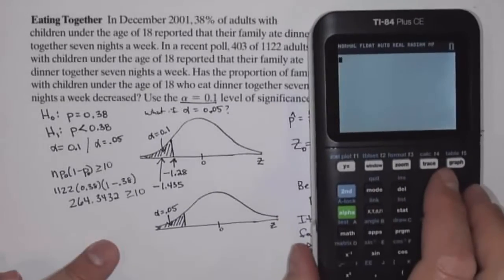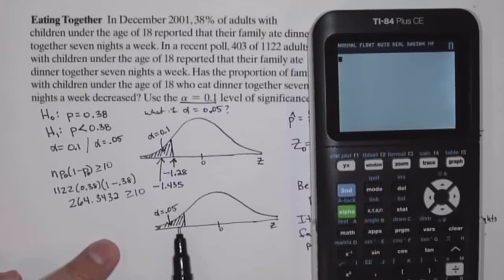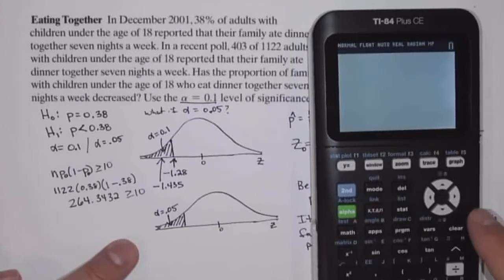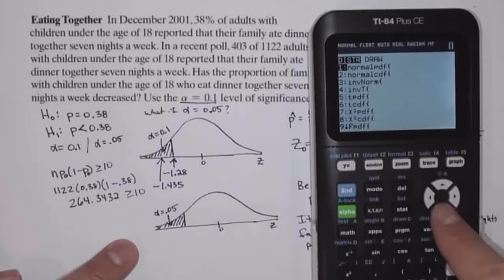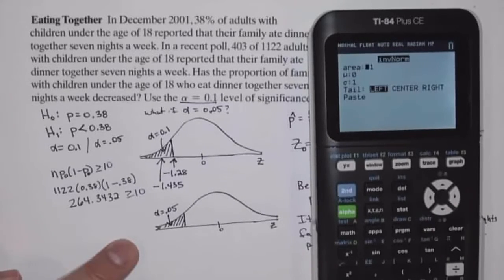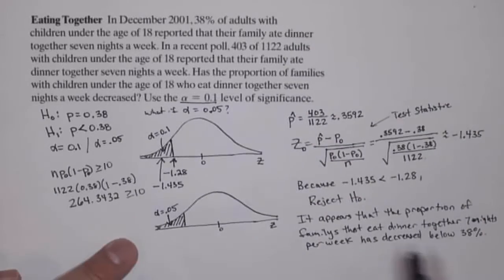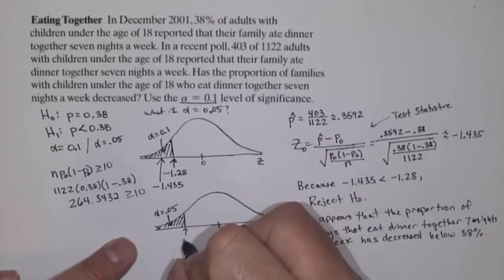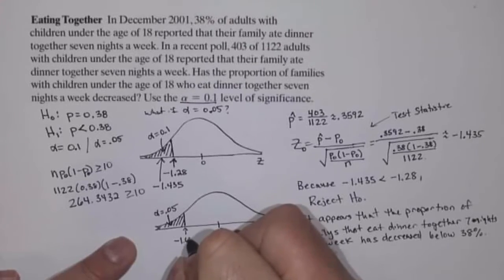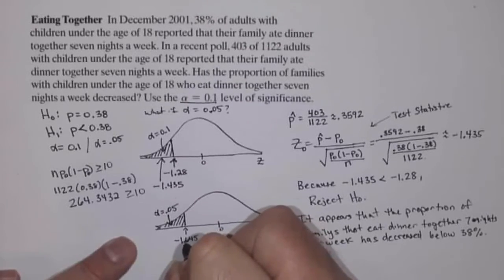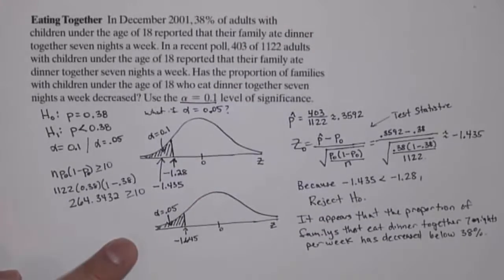So if I want to figure out what is that value that has area 0.05 to its left, then I can do inverse norm, and I can change this to 0.05 in the left tail. And so that critical value would be negative 1.645 if I round to 3 places. So this critical value right here would be negative 1.645 instead of negative 1.28.